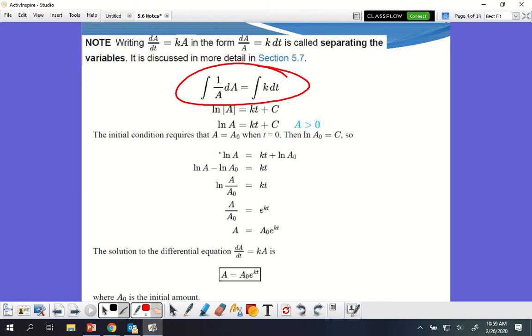I don't need to do math on numbers that are hypothetical. So it's just going to be some constant C. I'm just going to put the C to the right of that.